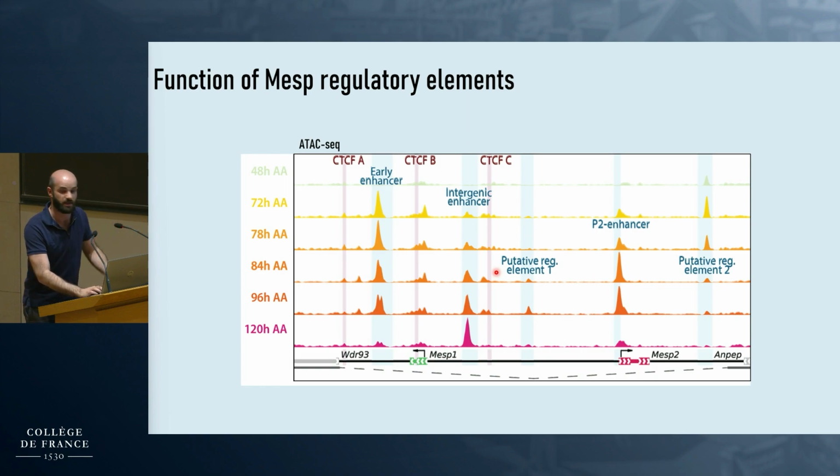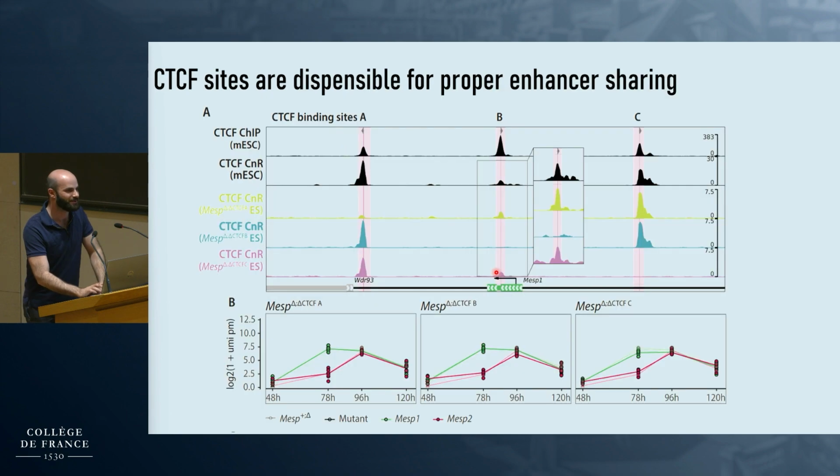And so the answer is we still don't know, as you'll see. But what we do know is that Dominique tried to see if this insulation between enhancers and promoters could be derived from CTCF binding sites. So she went on, and you have three CTCF binding sites, the B and the C facing towards the right.